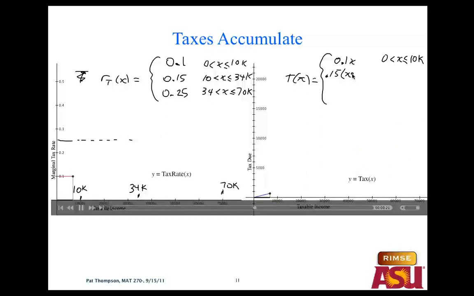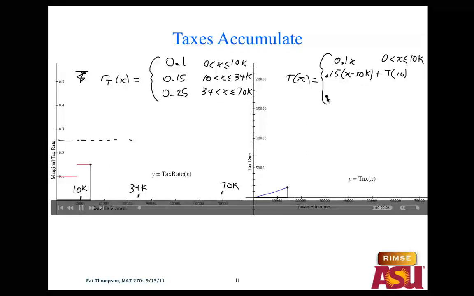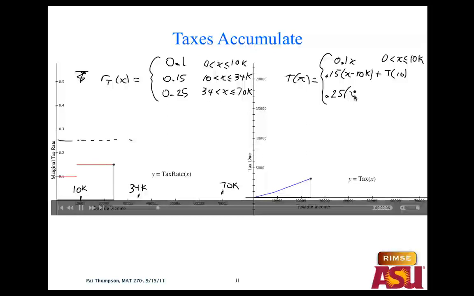So we have the amount in the next bracket, x minus 10,000, times the rate gives us the amount of tax in this bracket, plus T of 10,000. That's right. And that's for this second bracket, etc. And then next rate, 0.28 times x minus 34,000, plus T of 34,000. And that's from there.